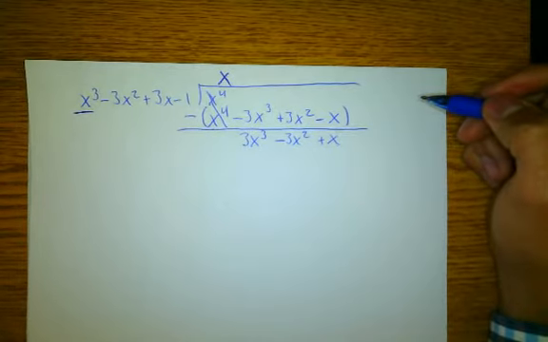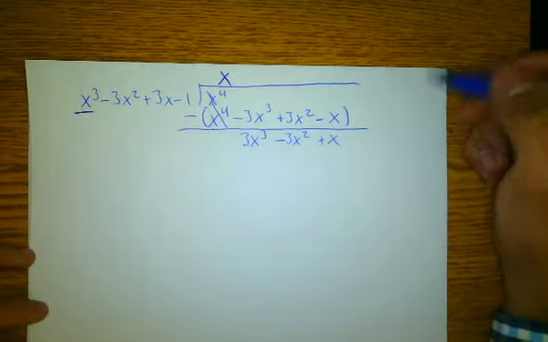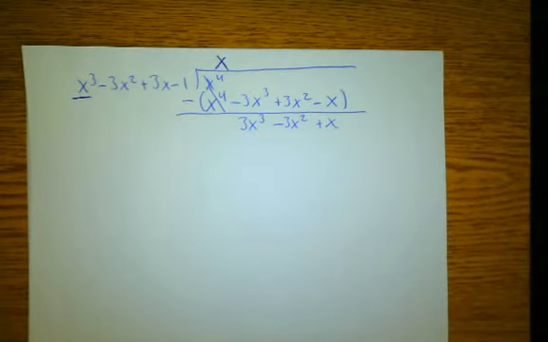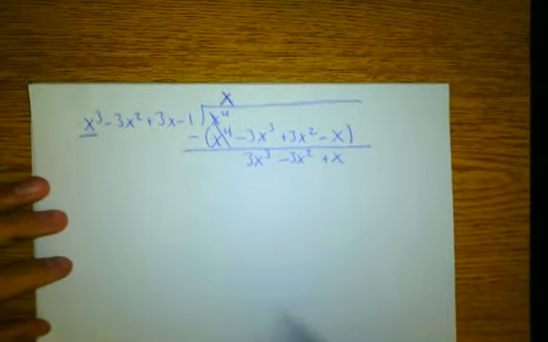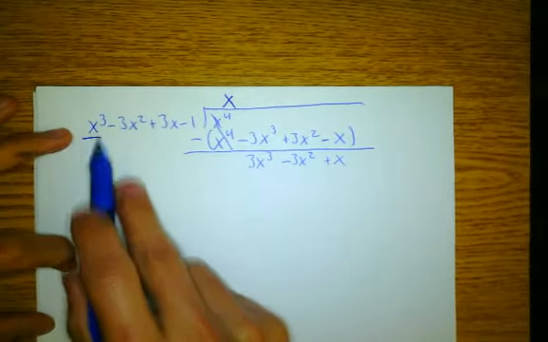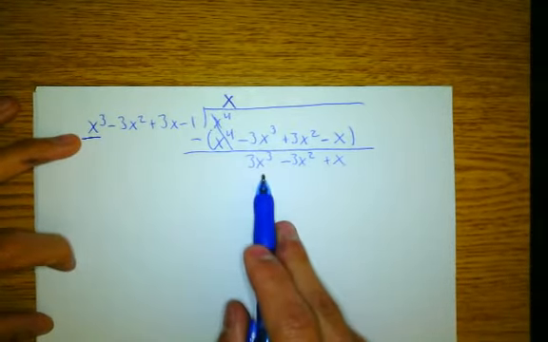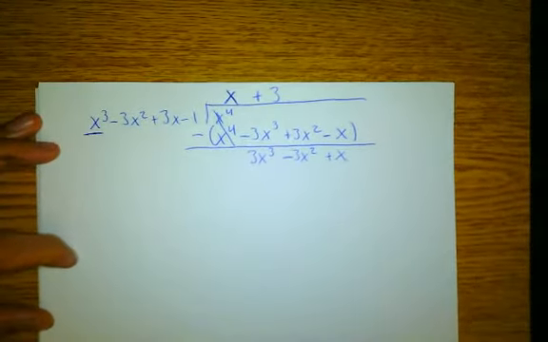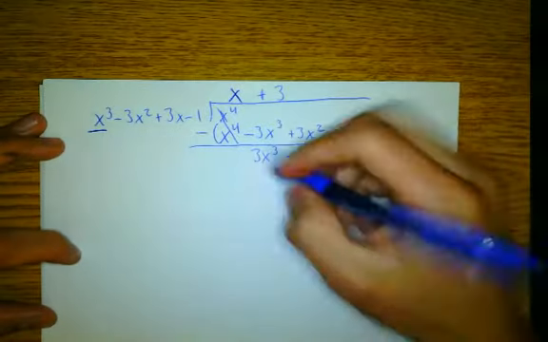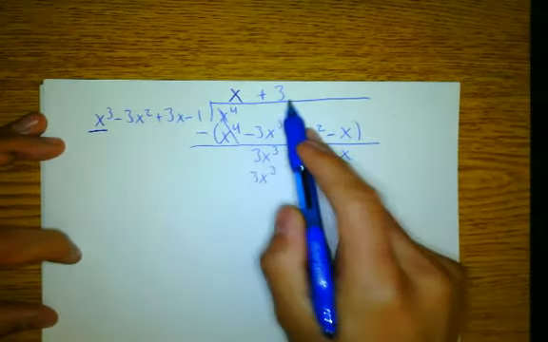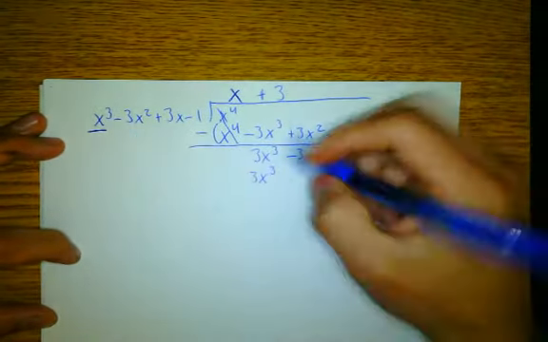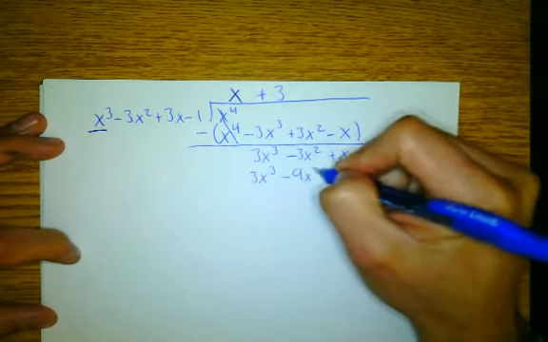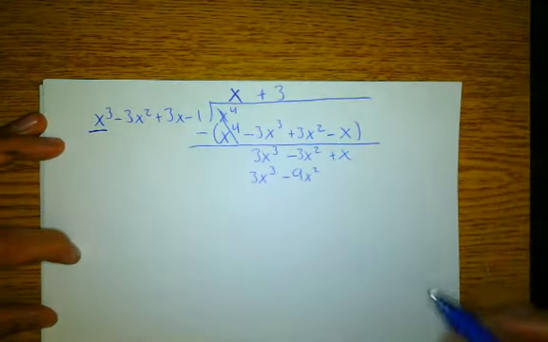I can keep going. So I can multiply this by 3 so it matches that. Agreed? So plus 3. 3 times x cubed is 3x cubed. 3 times negative 3x squared, negative 9x squared. 3 times 3x is positive 9x, and 3 times negative 1 is minus 3. I have to subtract.